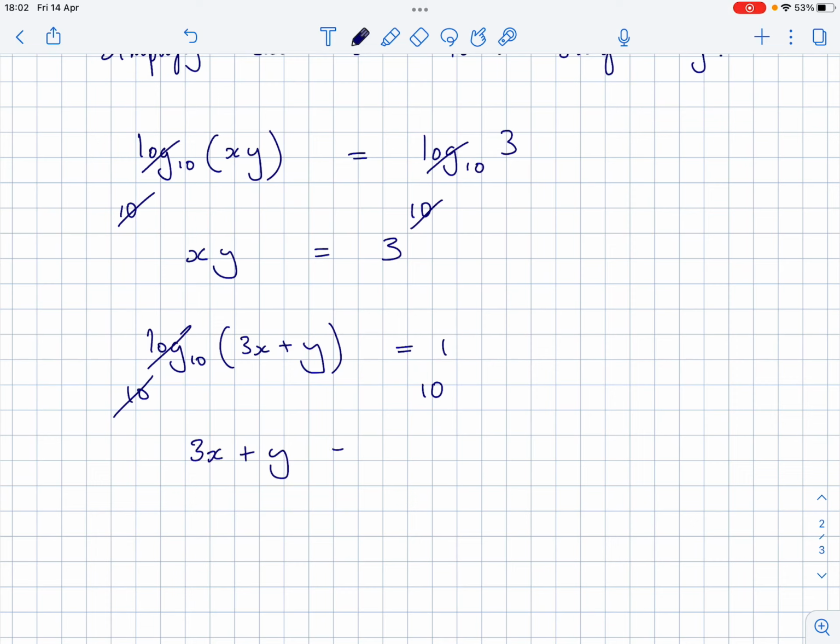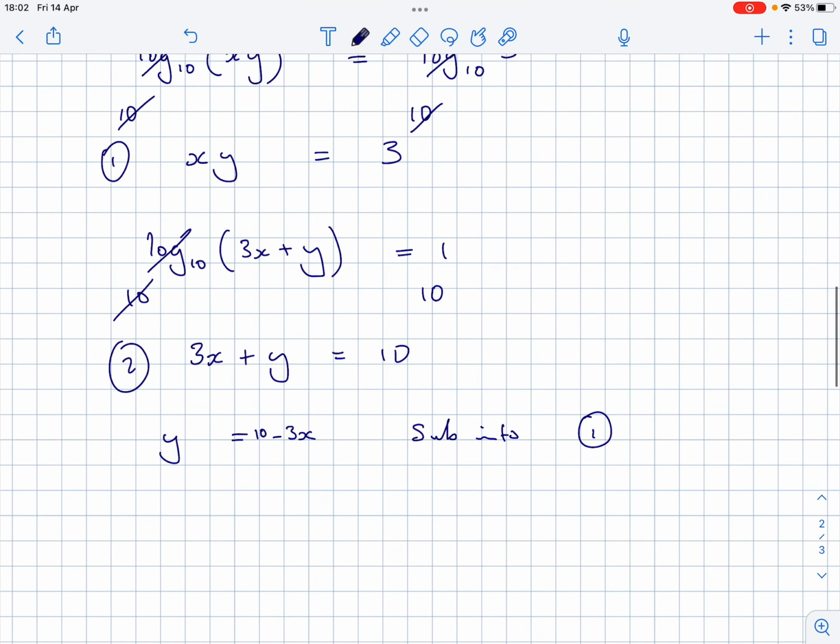And hey presto, we get 2 simultaneous equations that now don't contain a logarithm. Let's label them 1 and 2. I think the easiest way is probably to rearrange this so that y is the subject. So I've got 10 minus 3x, and I'm going to sub that into equation 1. So I end up with x times this.